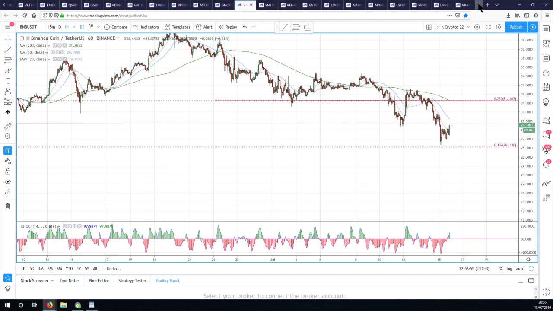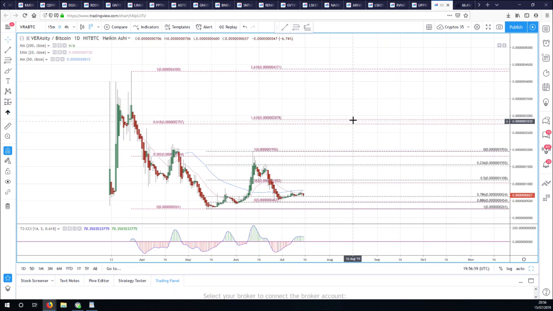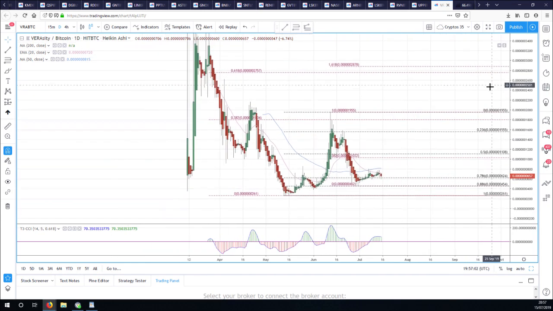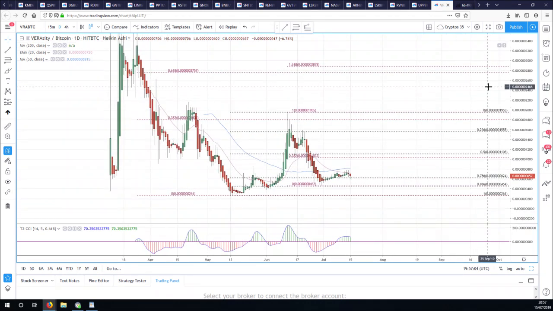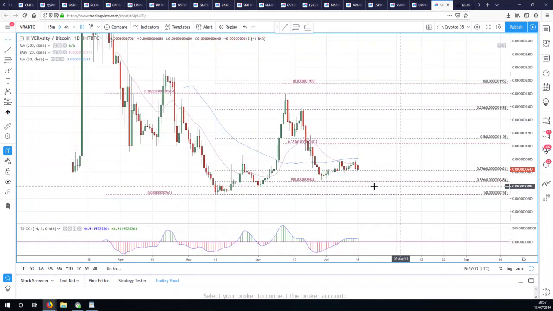Somebody asked for a coin called VRA. It's not one I followed, Voracity. Here's the daily chart of Voracity against Bitcoin. Now, this shape, I've got Heiken-Ashi candles. I'll put regular candles on.